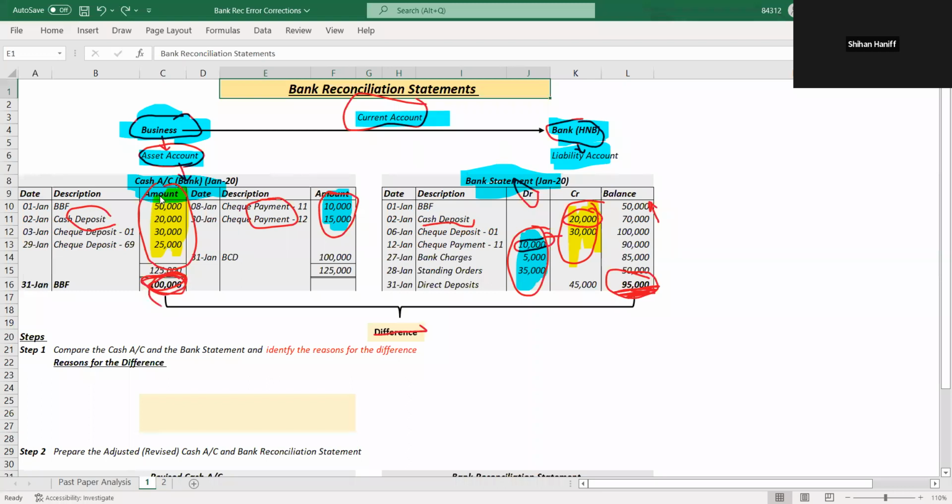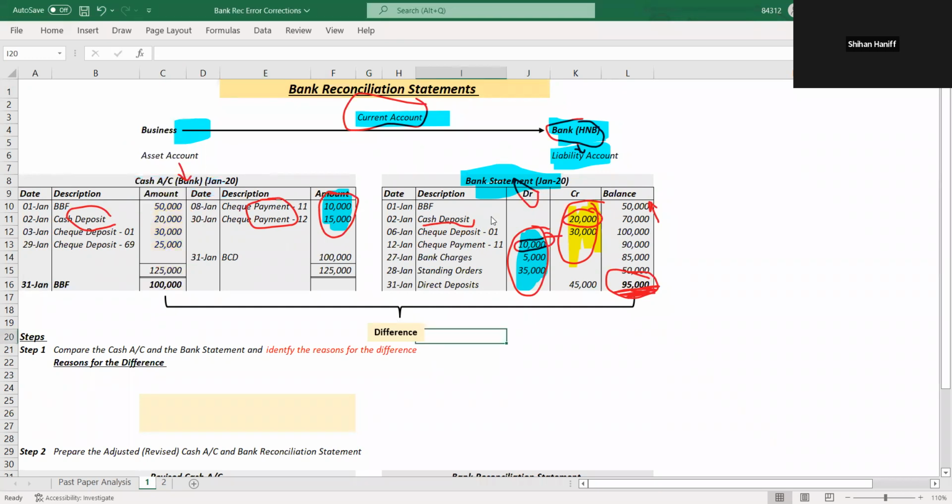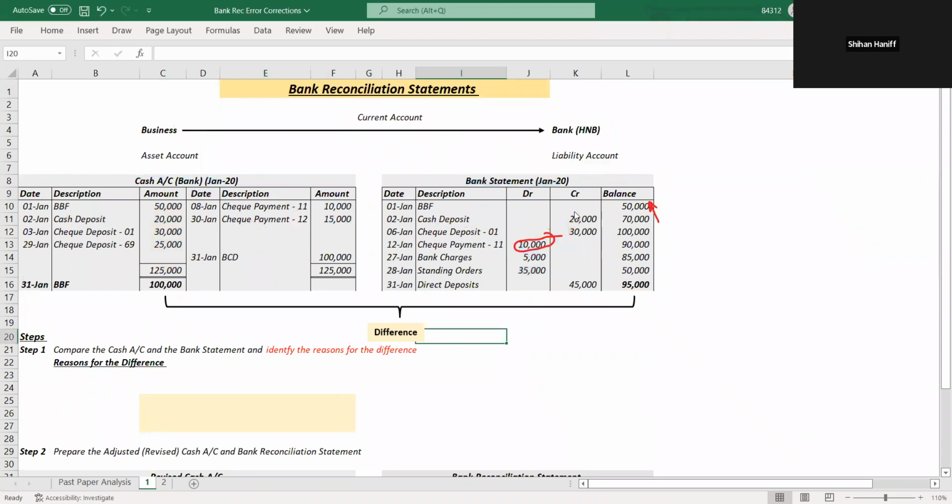This 50,000 will not make a difference because it is there in both the bank account and the bank statement. Cash deposit 20,000 on 2nd January is a deposit which is realized on the same day, so it also won't make a difference.